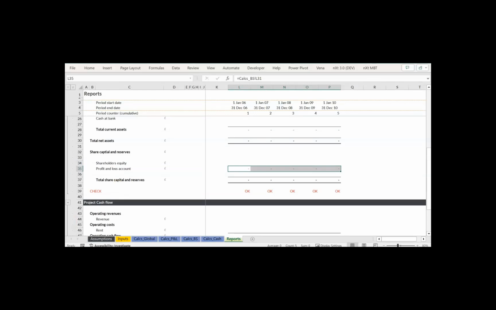The next item we need to calculate and include in the balance sheet is cash. We have already set up a simple cash calculation which works in a similar way to the retained profit, where the opening balance equals the prior period's closing balance.